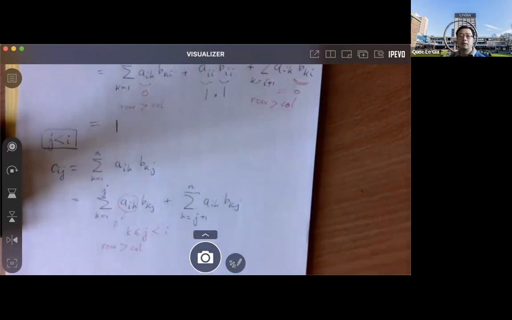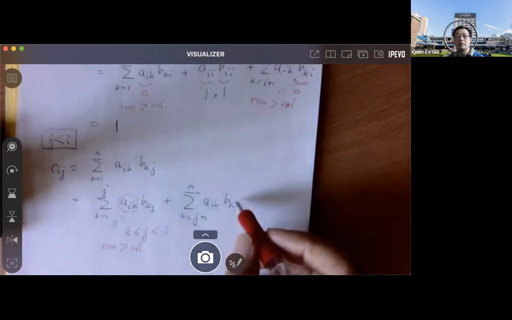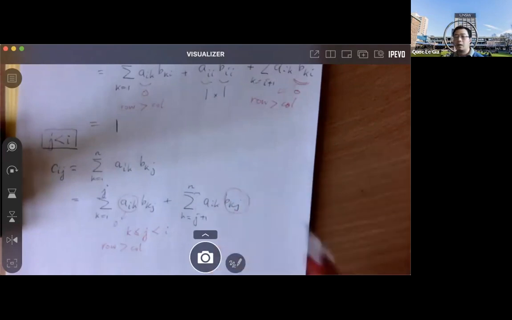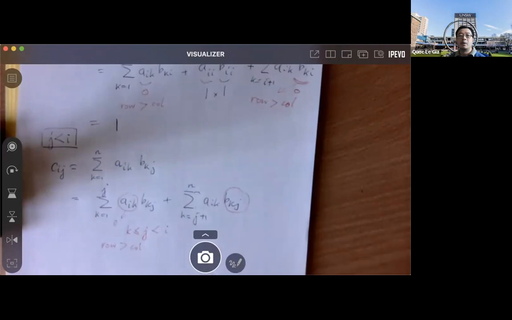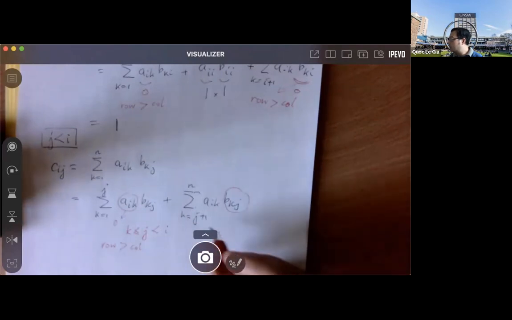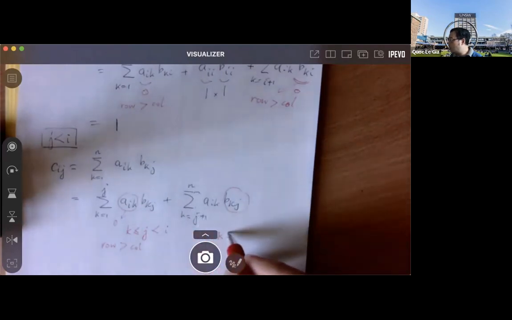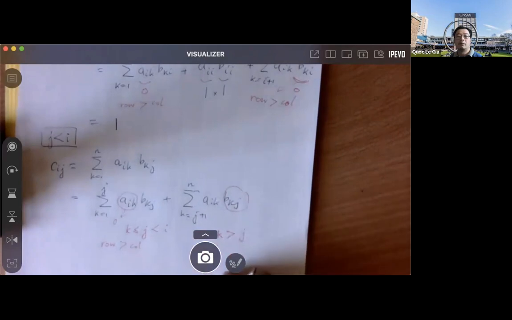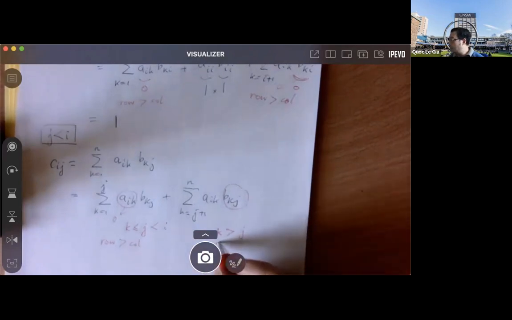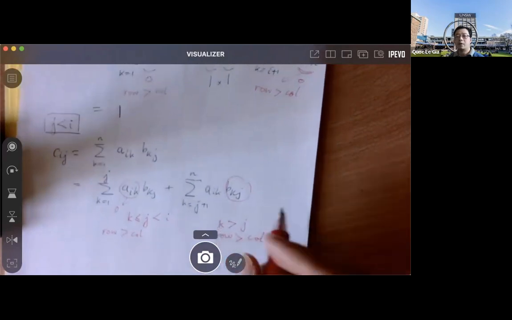And then here in this sum, you consider Bkj. Now you have k from J plus 1, so always bigger than J. So the row is bigger than the column again, and therefore it equals 0.